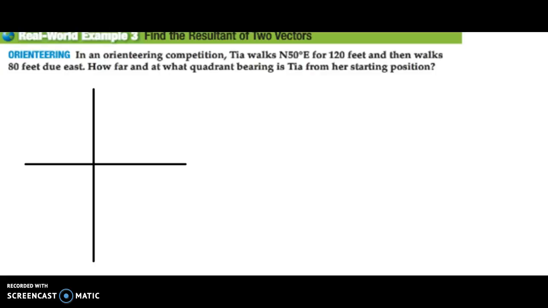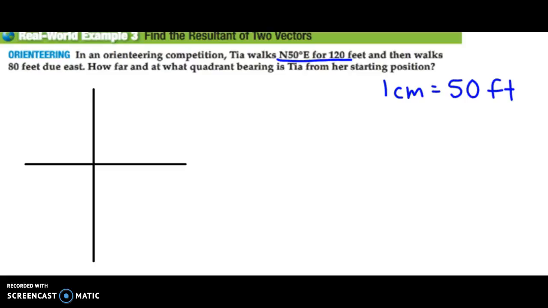Now what we can do is we can create some sort of scale factor. Now let's say that 1 centimeter is equal to 50 feet. Okay? So if Tia is going to walk 120 feet, 50 degrees northeast, okay?